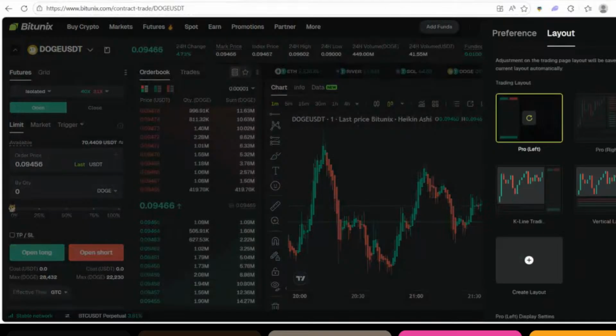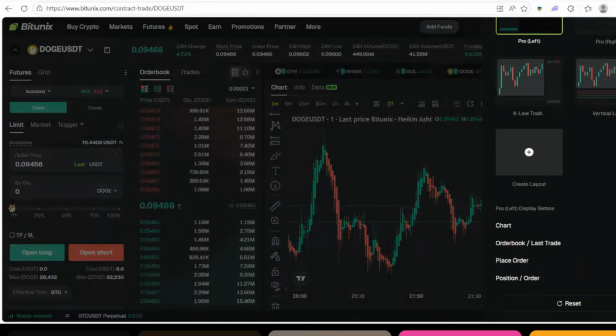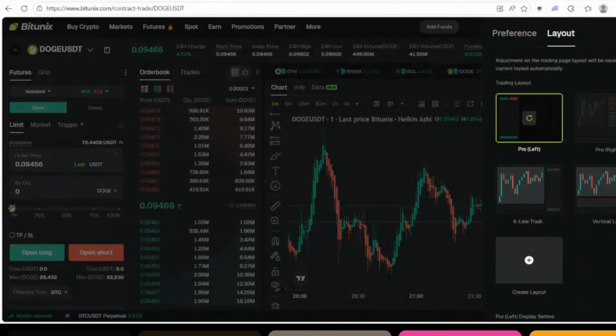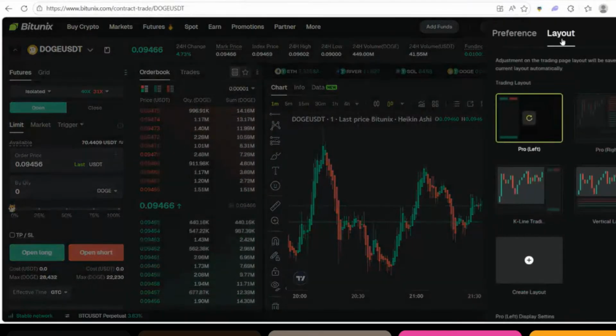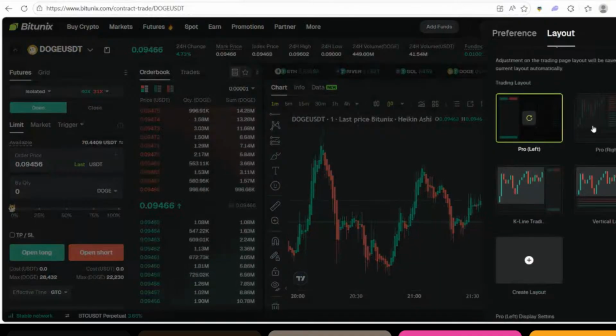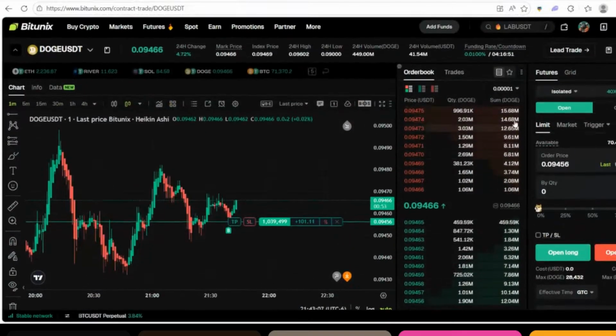Go to layout and you have pro left, pro right, vertical layout, right? So for you, I think you'd probably just need to go to top right settings, go to layout, and then pick a new one, like a pro left or pro right. And then once that happens, it should recalibrate.